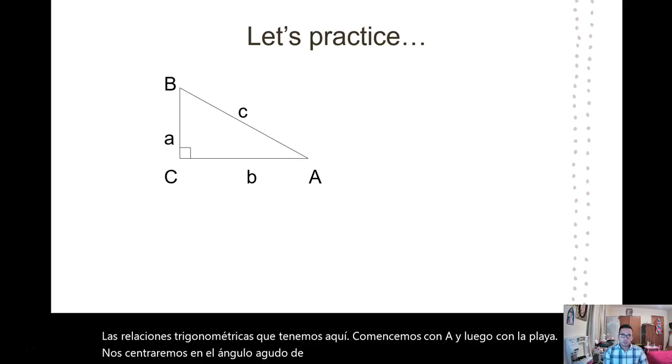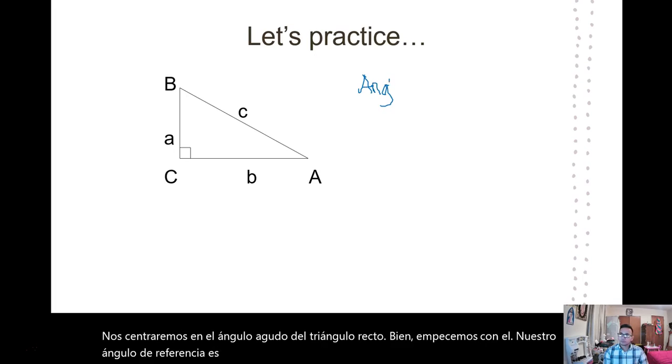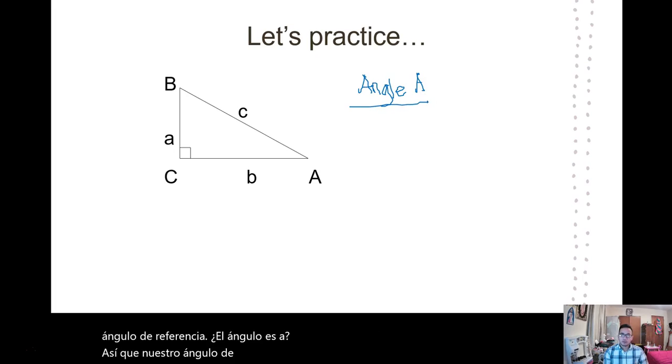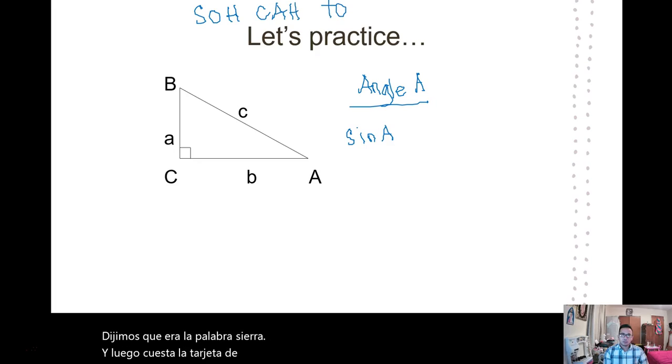Let's start with our reference angle, angle A. So let's find sine A. We said that it's SOH, and then CAH for cosine, and TOA for tangent.